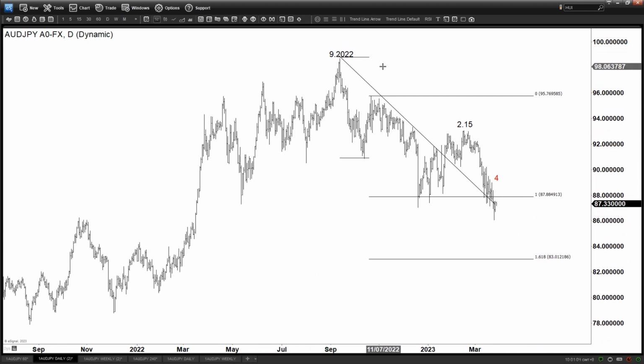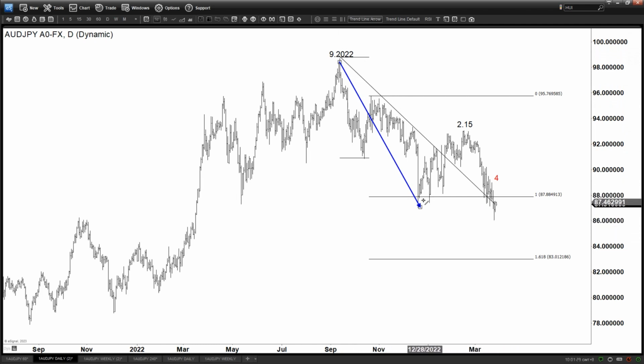Here, this is what we call a WXY, which is a double zigzag, or double 3, right? So this is a 3 swing. It's not a 1, 2, 3, 4, 5, but this is actually either an ABC or a WXY. And then from here, this cycle ended. So when this ended as a 3 swing, then you label this as a W because it breaks below here again.